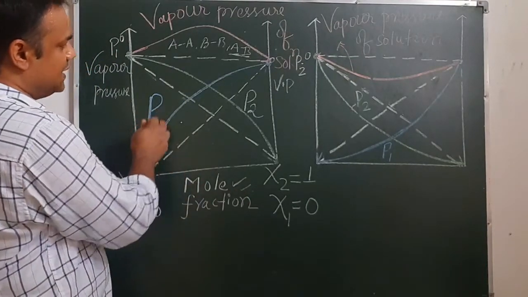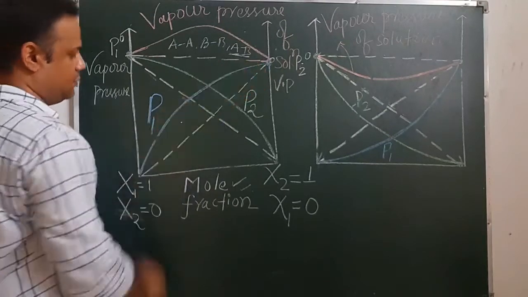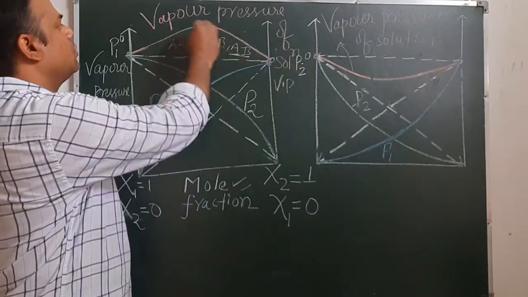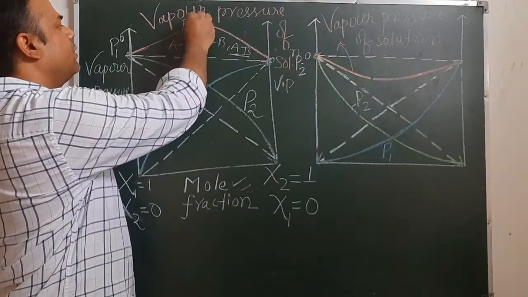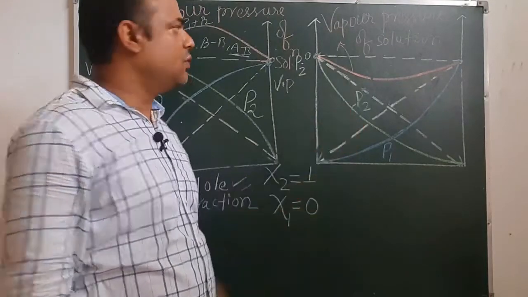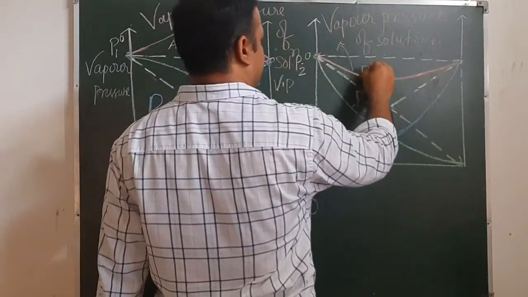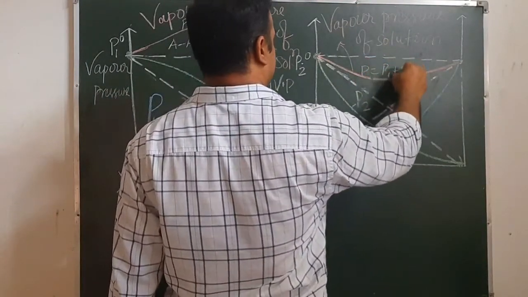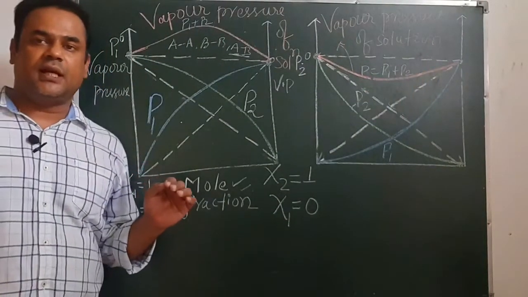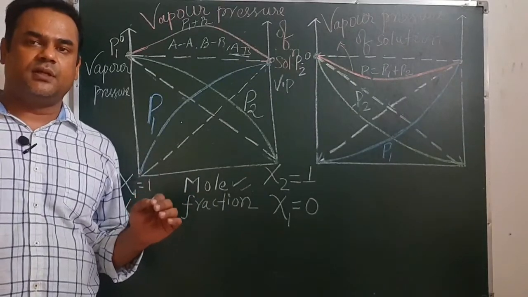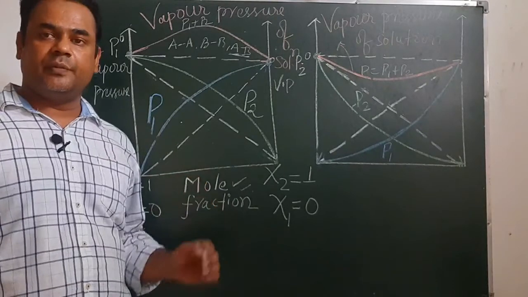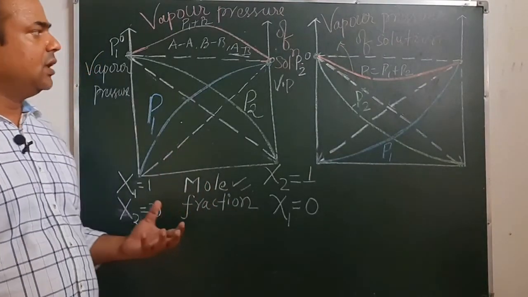P1 is indicating vapor pressure of solvent, P2 is indicating vapor pressure of solute. So total vapor pressure here will become P1 plus P2 of solution. Similarly, in this graph also, total vapor pressure will become P equals P1 plus P2. We have studied in class 11 Dalton's law of partial pressure, and this law says that total vapor pressure is equal to the sum of partial vapor pressure of each component.